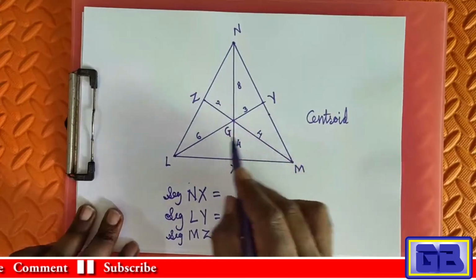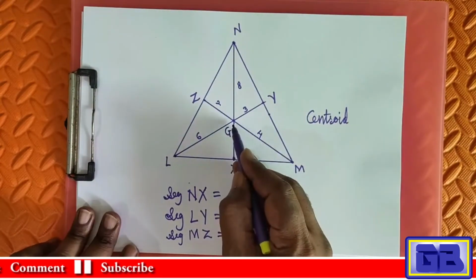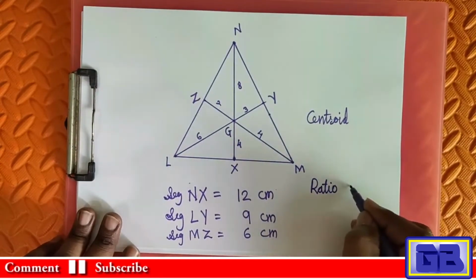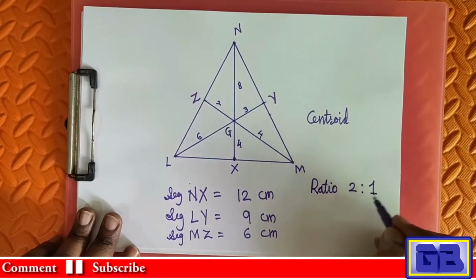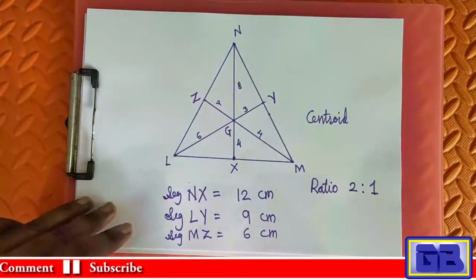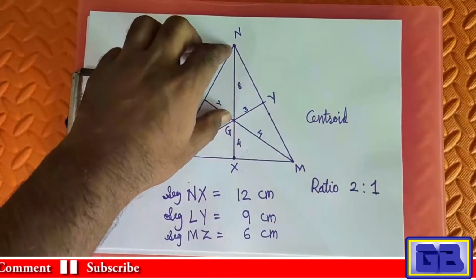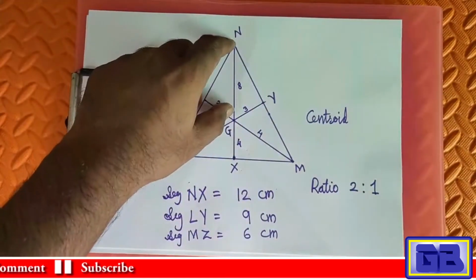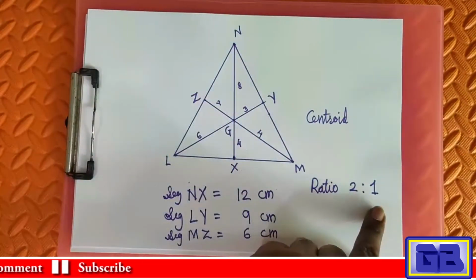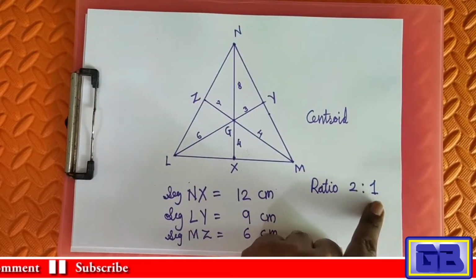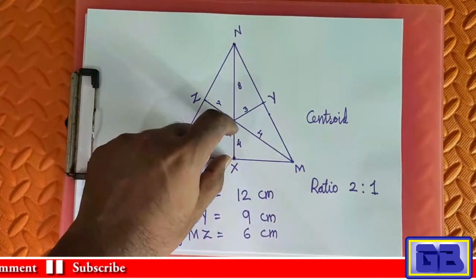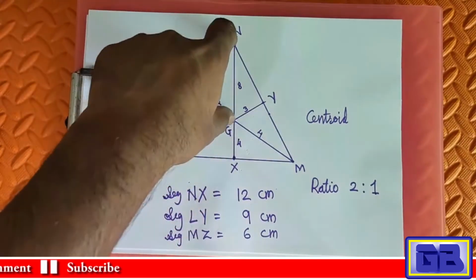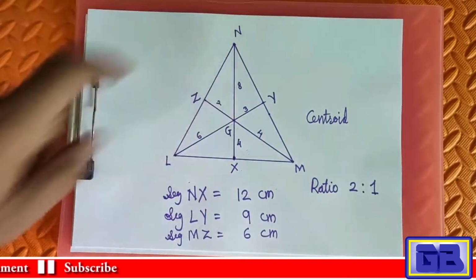So, because of this centroid point G, we get a ratio of 2:1. It means if the bigger part of this median will be 2 parts, then the smaller part will be a single 1 part. Understand? Or if we make the smaller part double, 2 times of the smaller part will be the bigger part. Did you understand?